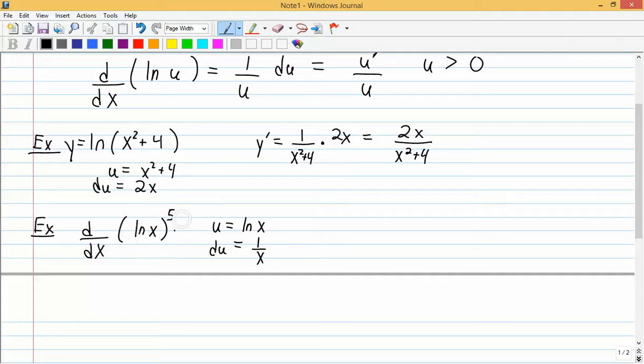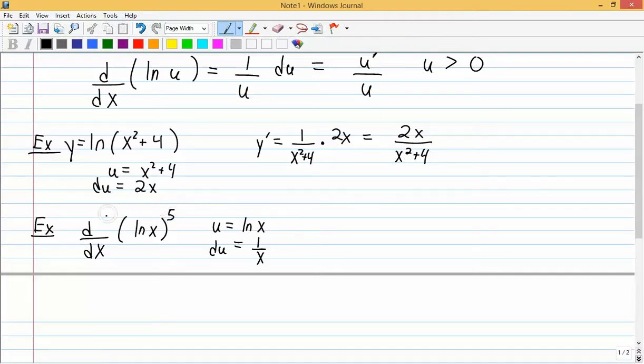So now, let's look back at this though. We need to be careful. We've got to be very careful here. I have a u of the natural log of x, and I'm raising it to the 5th power. But that 5 is a power up there, so we have to be careful, because how do we evaluate this with the power rule?